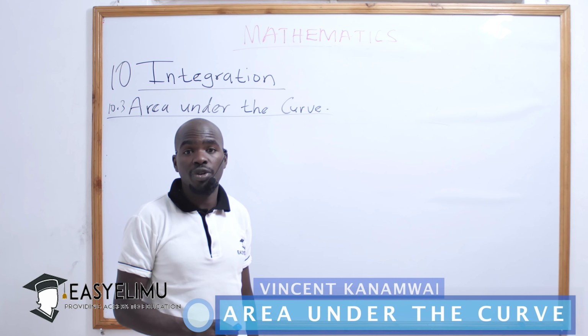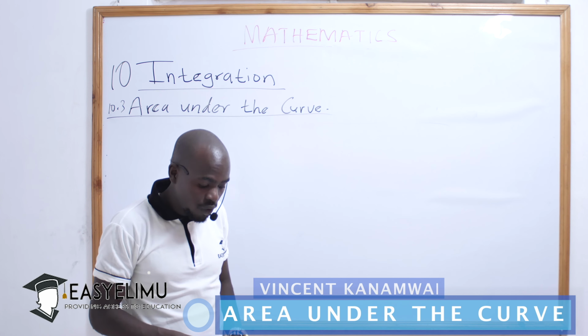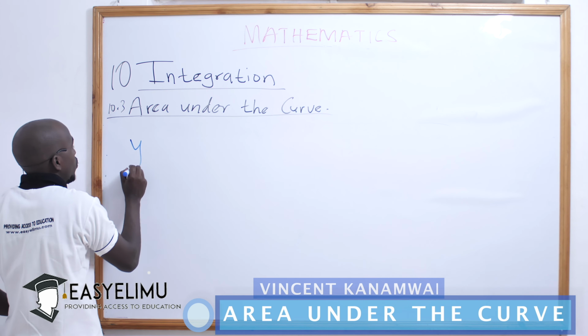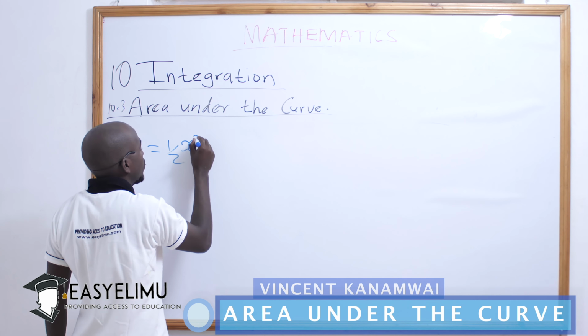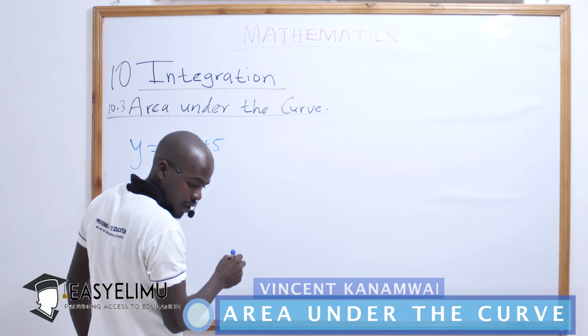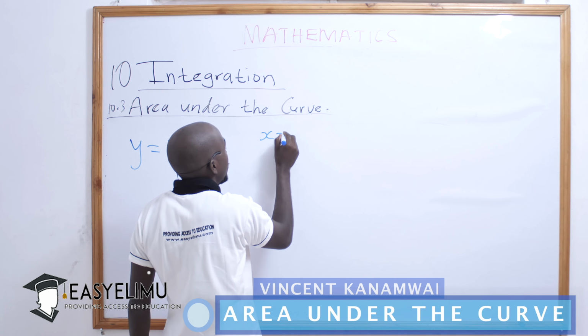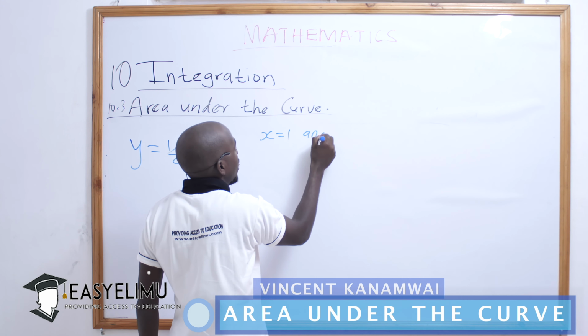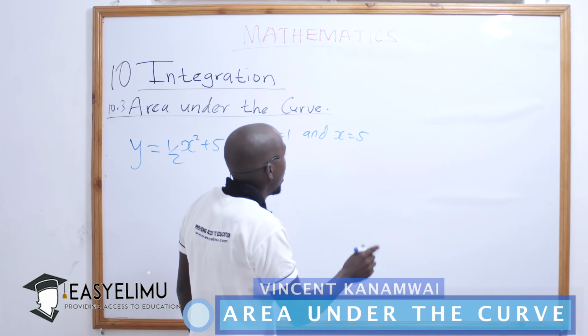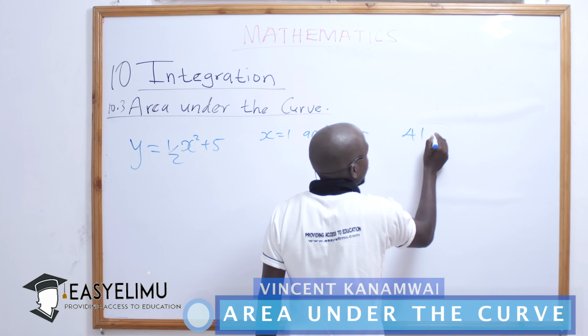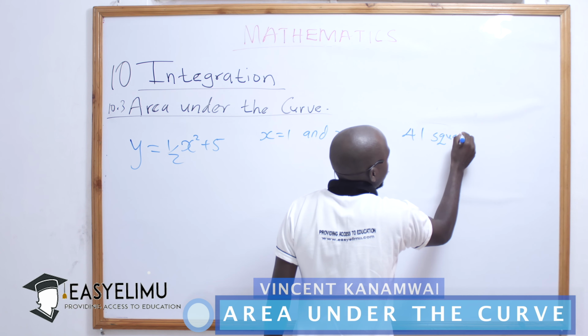For instance, we had y equals a half x squared plus 5, and we were told to find it from x equals 1 to x equals 5. That is what we had, and we found the area as 41 square units.